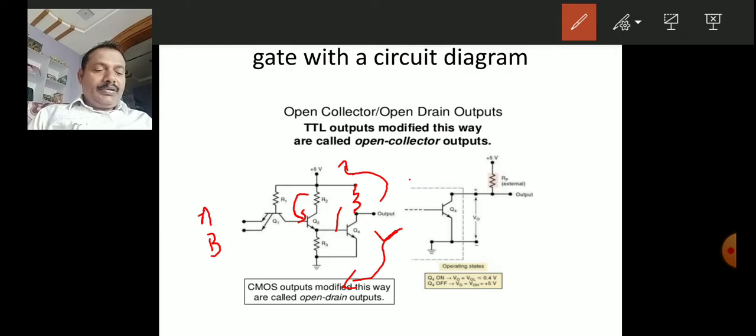As the current path is through the pull-up resistor, an appreciable amount of time is taken to change the output from logic 0 to logic 1. This can be rectified by using the totem pole output instead of the open collector output. With the totem pole, the switching can be enhanced and the speed can be increased.